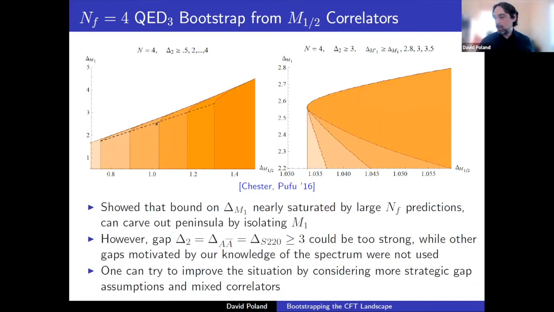The other thing I can say is that if you do the bootstrap for four-point functions of the fermion bilinears, then there's no problem continuing different values of NF, trying to continue that down to 2 or 3 and seeing what happens.